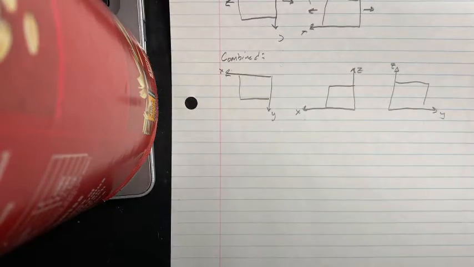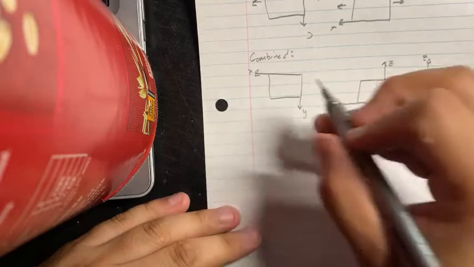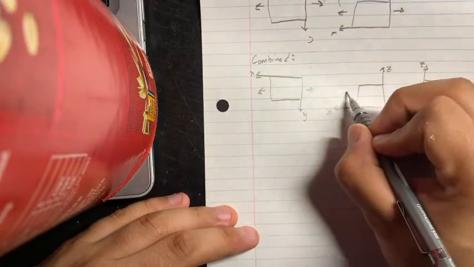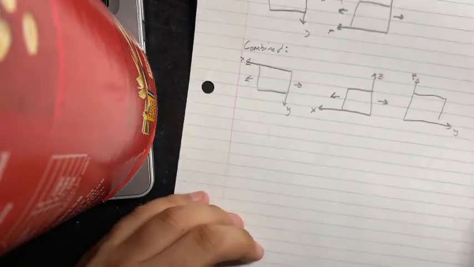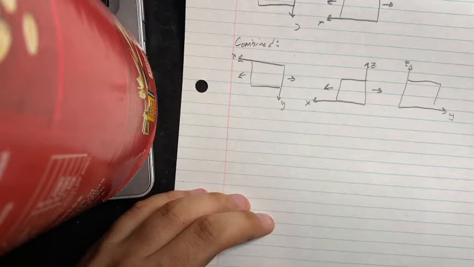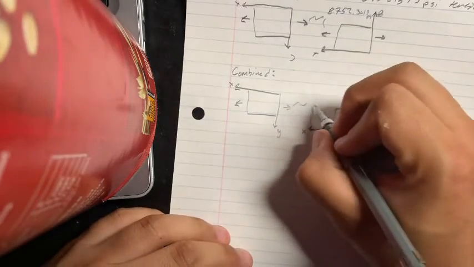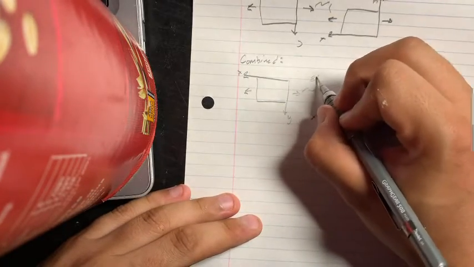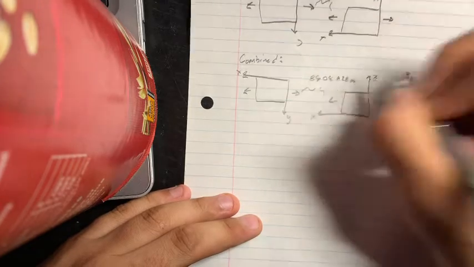All right, sorry about that. My phone ran out of storage, but as I was saying, we've found that there is a combined tensile stress in the X direction. When you add up this value here and this value right here, you find that these end up equaling 8,808.928 PSI.